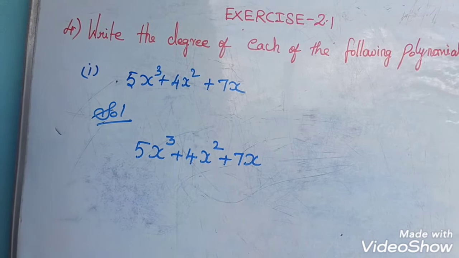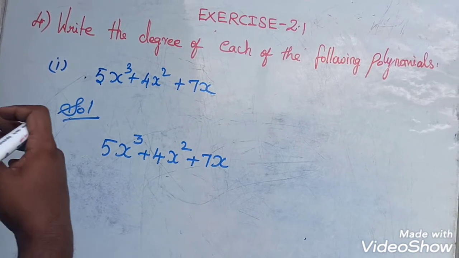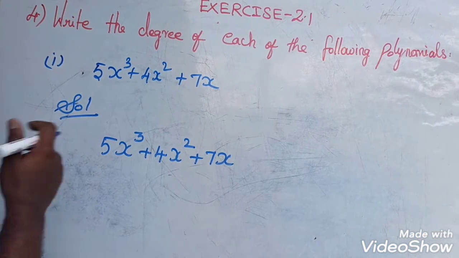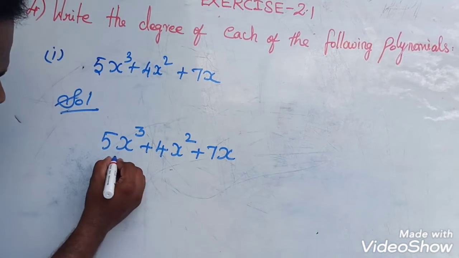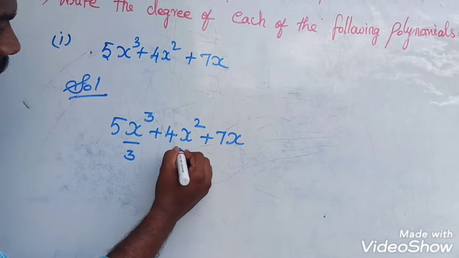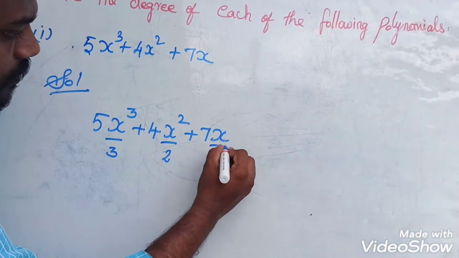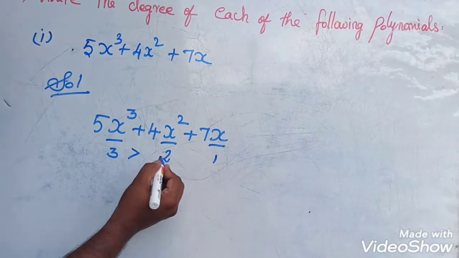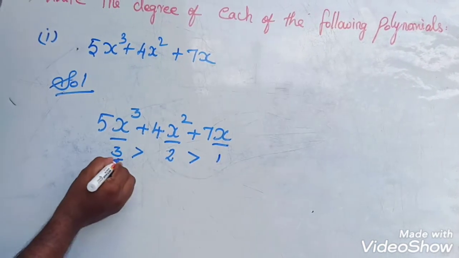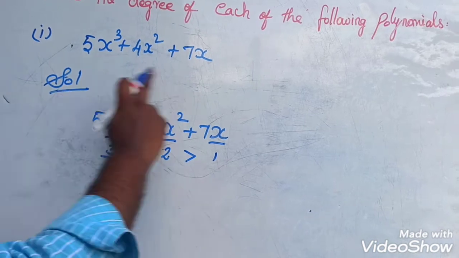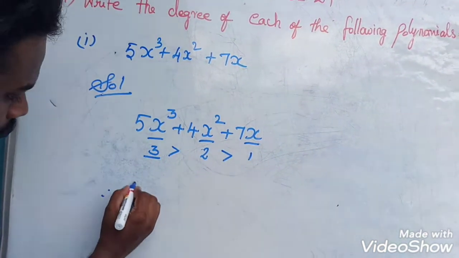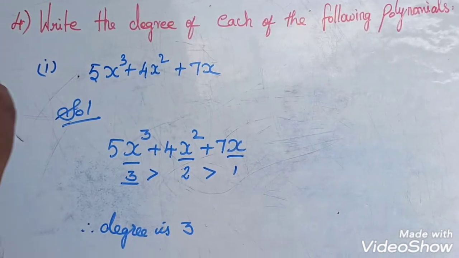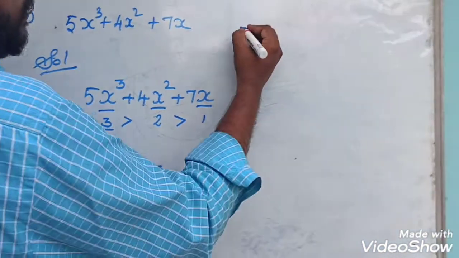Degree is determined by the highest exponent of the variable in the polynomial. What is the exponent of x here? 3. Exponent of x, 2. Exponent of x, 1. Which one is the highest? 3 is greater than 2, 2 is greater than 1. So this is the highest exponent of this expression. Therefore the degree is 3.